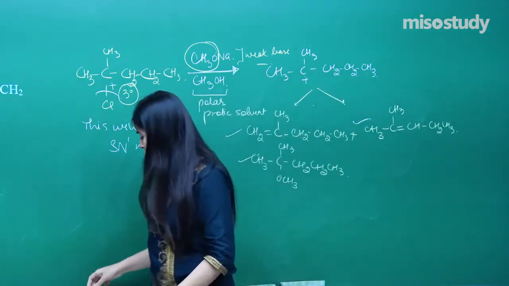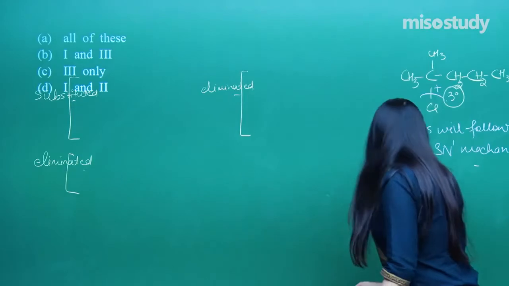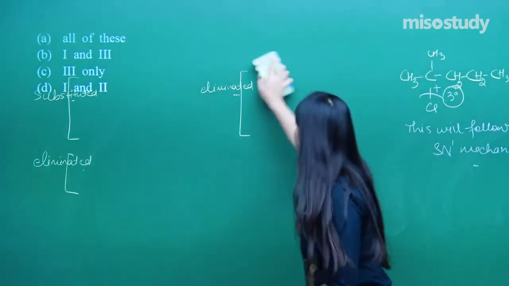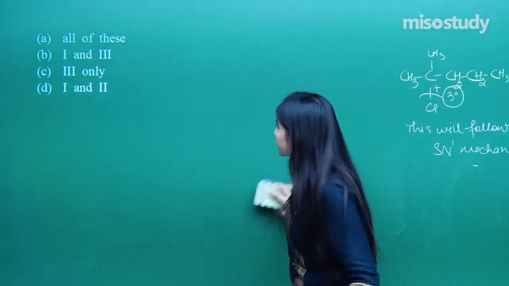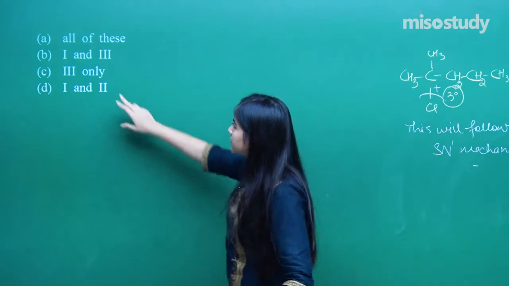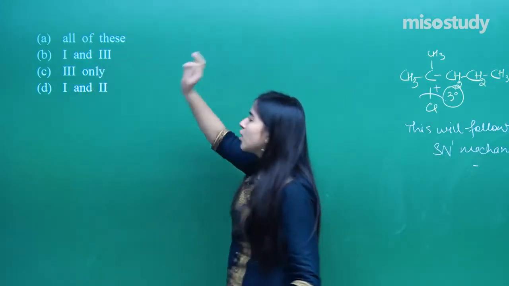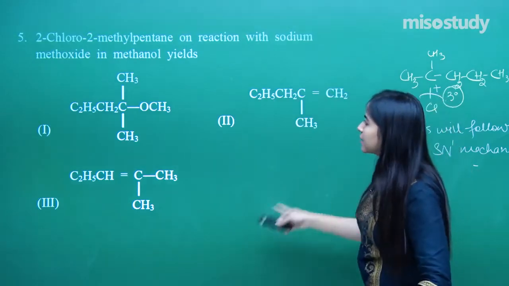Let us just check out the options given in the question. So the options are, let me just rub this off. A option, all of these, B option 1 and 2, C option, 3 only, D option 1 and 2. And we all know that all the 3 can be the possibilities.